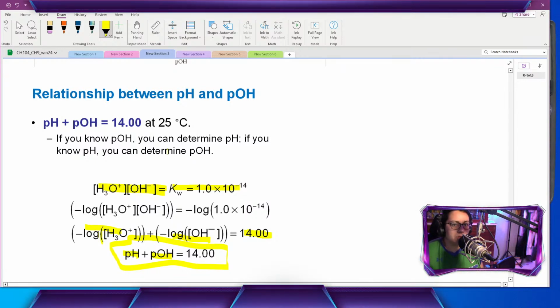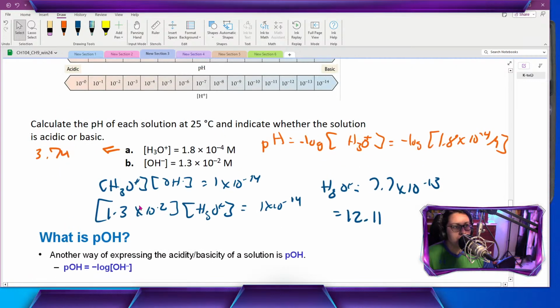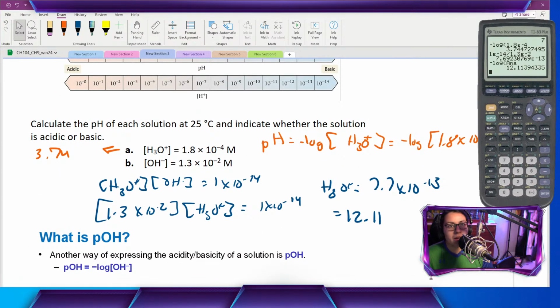And so now we get our next key relationship. And so this is what's really nice about this chapter, is you can kind of check and double check yourself because you have this formula. Now we have this relationship, which is really nice. So we can just add pH plus pOH equals 14. So that's useful. And we could have used that to solve B. So if we go back to B, well, now we can say, well, let's calculate the pOH instead.